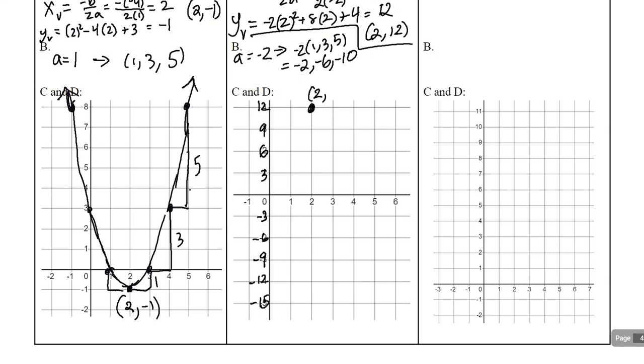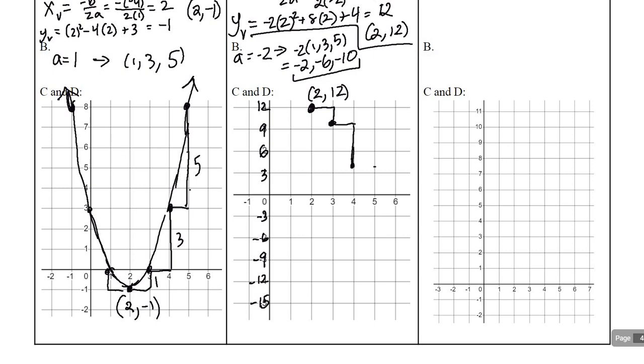Okay, I go over 2 up to 12. This is my vertex. Then I use my step pattern to plot my points. So I go over 1, down 2, which will be to about here, because all the way down to the next lattice point would have been down 3 since my y scale is now by 3s. Then I go over 1, down 6, which will take me to about here.